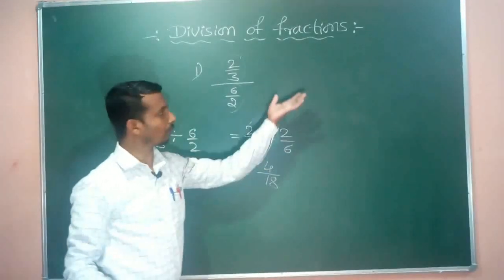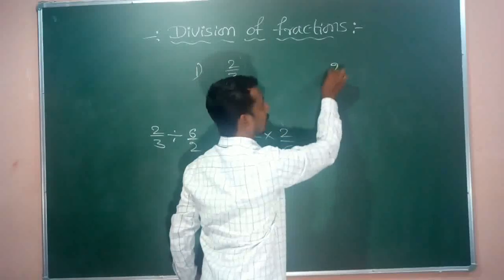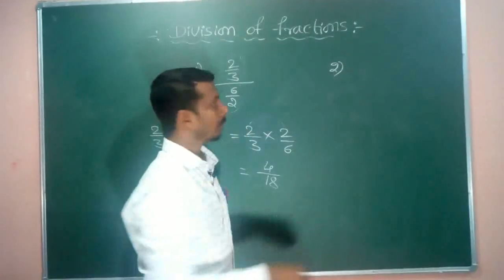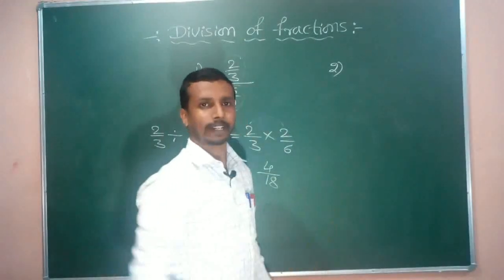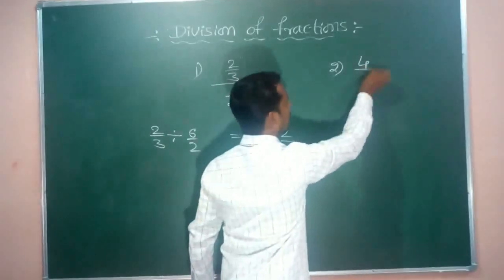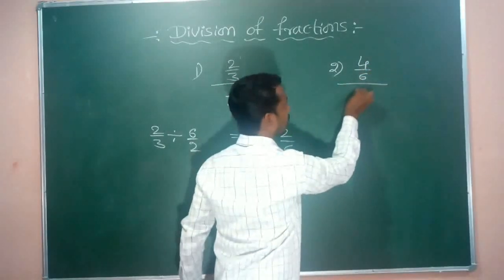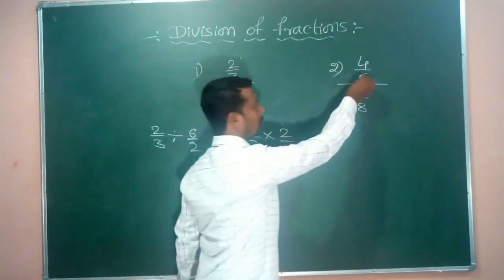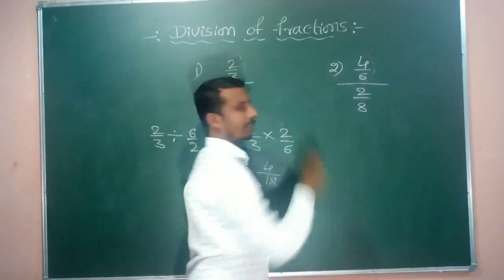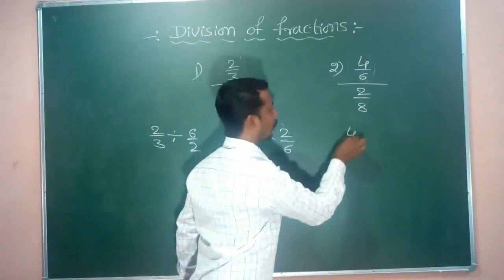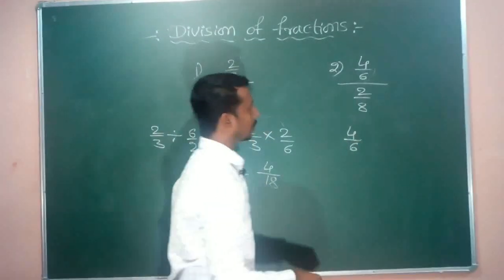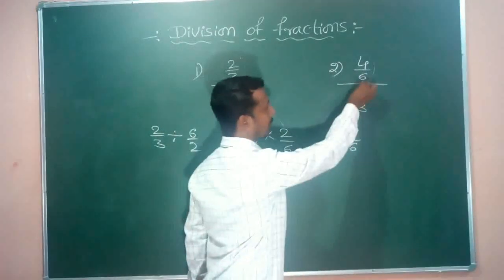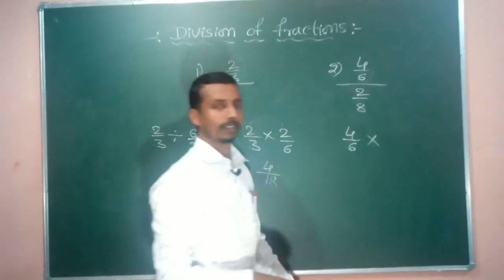Like that, we solve another example. Consider the second example, 4 by 6 dividing by 2 by 8. Here also it is division of a fraction. The first fraction we write as it is, 4 by 6. Then change the division sign to a multiplication sign.